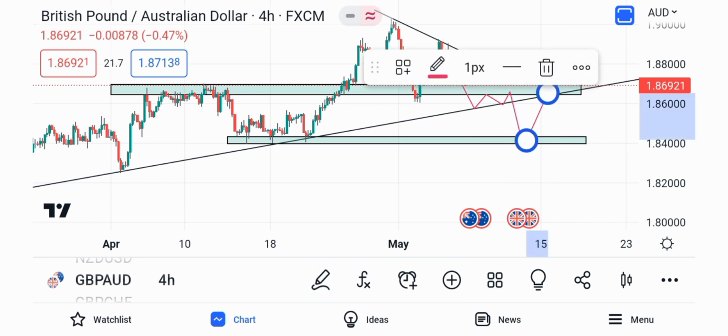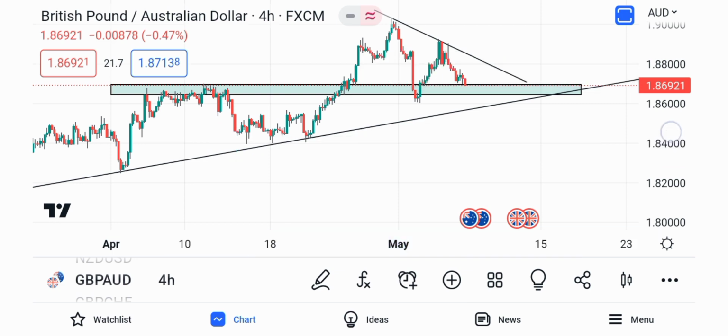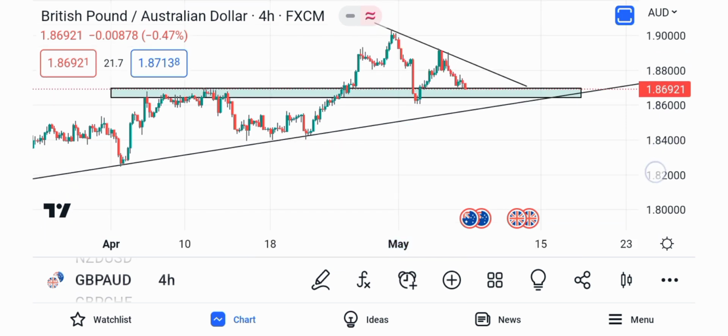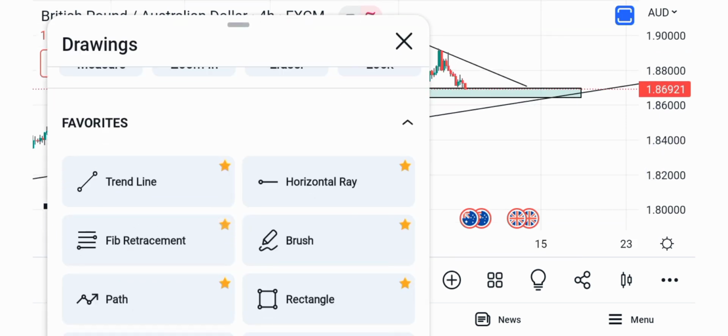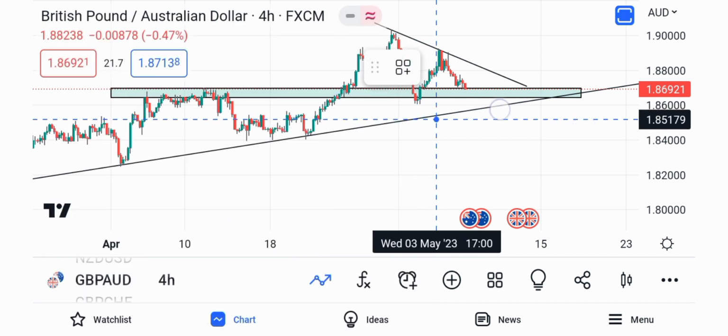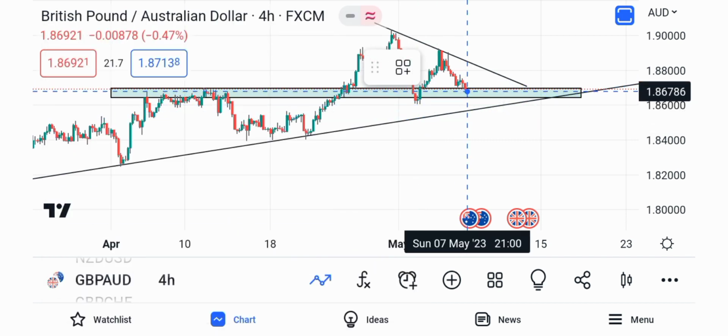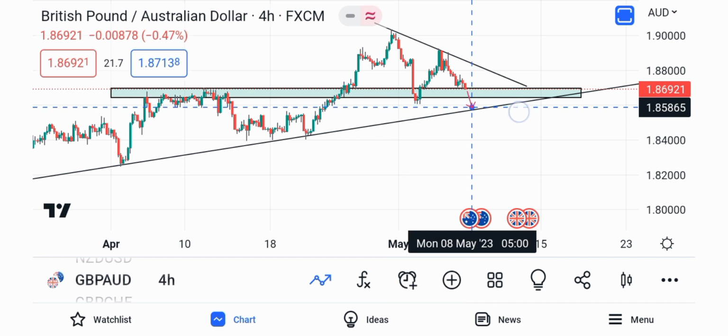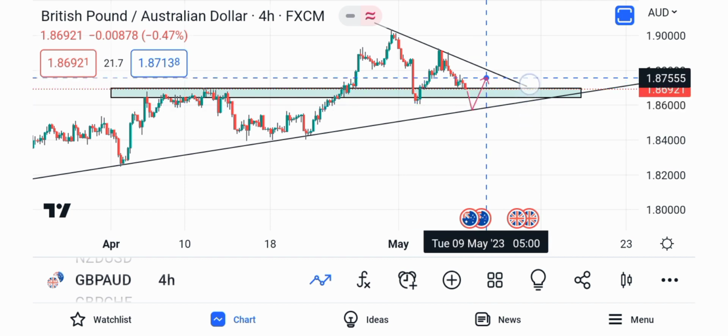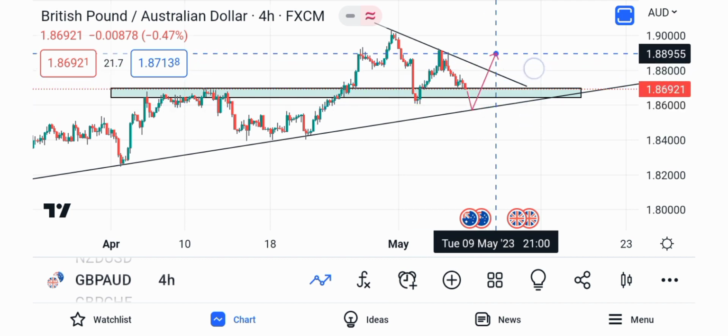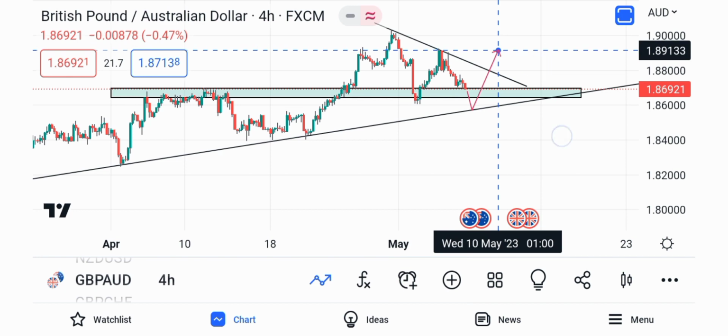But if price refuses to break this trend and continues upward and breaks this particular trend line, my target will be at this point.